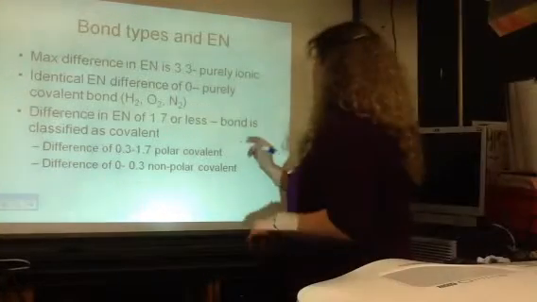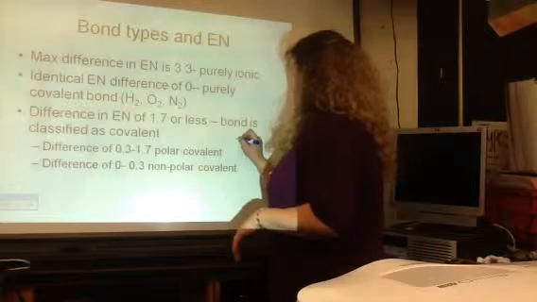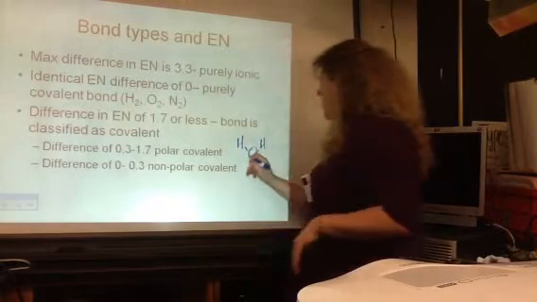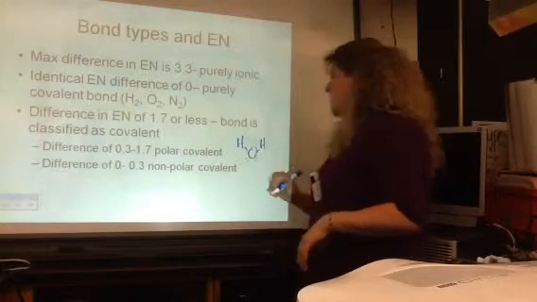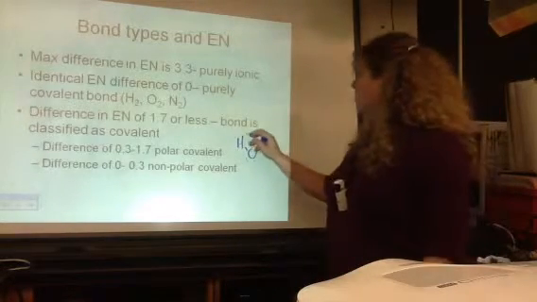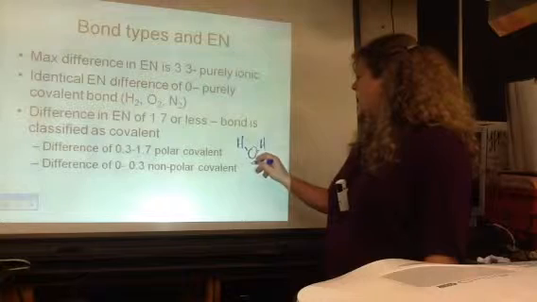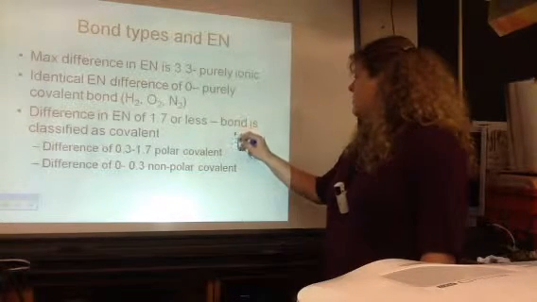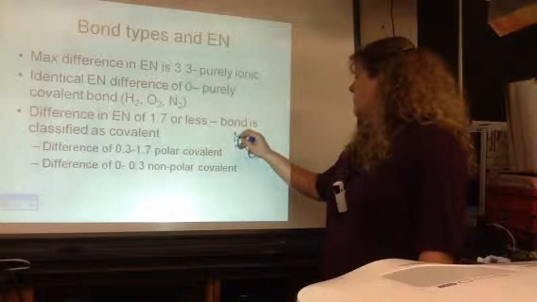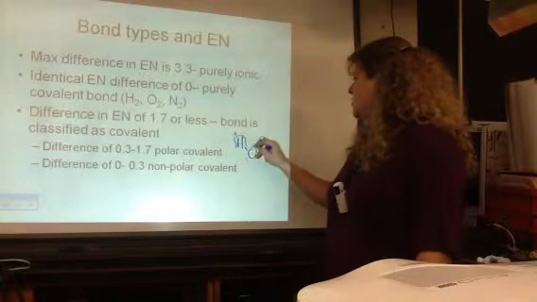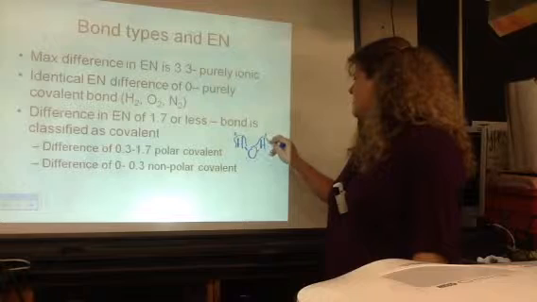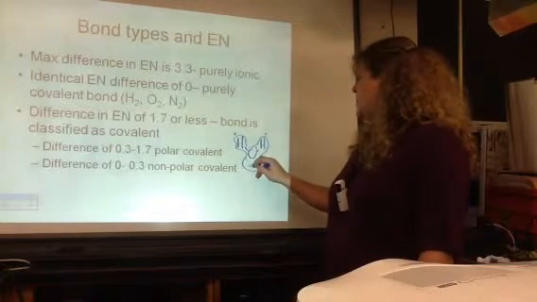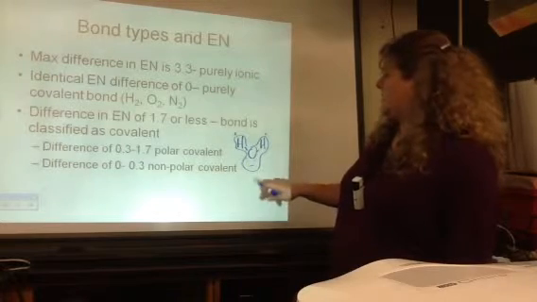So if we look at polar covalent, water is a polar molecule, and the hydrogens don't love electrons as much as oxygen does. So what we get is this little region.